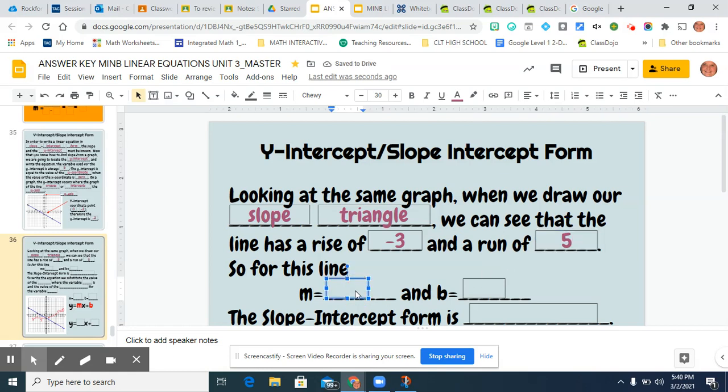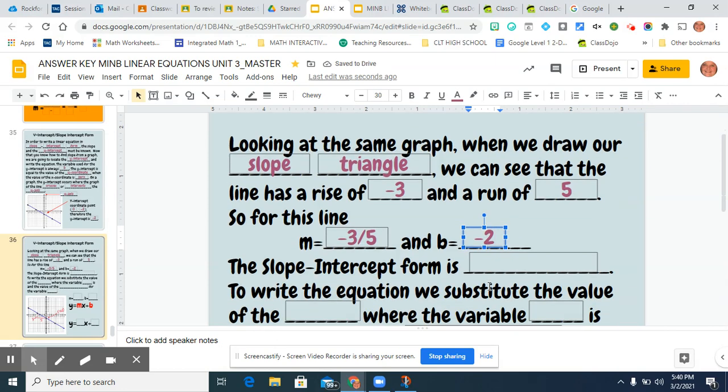So for this line, our slope is -3 over 5, or -3/5. And our b, if you remember, we determined is -2. The slope-intercept form equation is y equals mx plus b. m represents slope, b represents intercept.